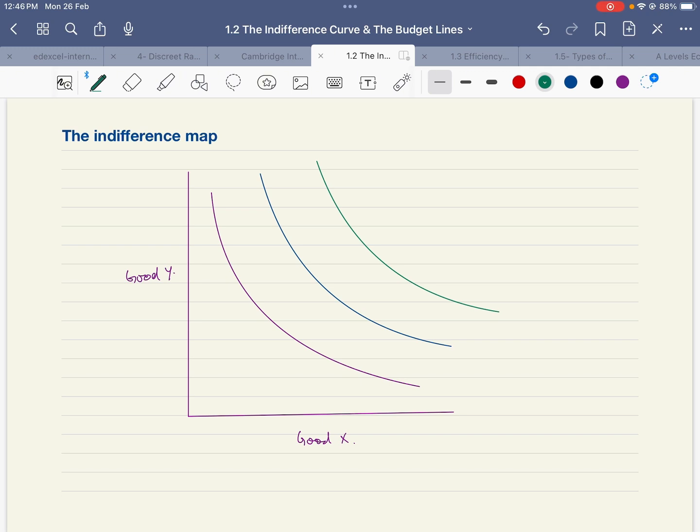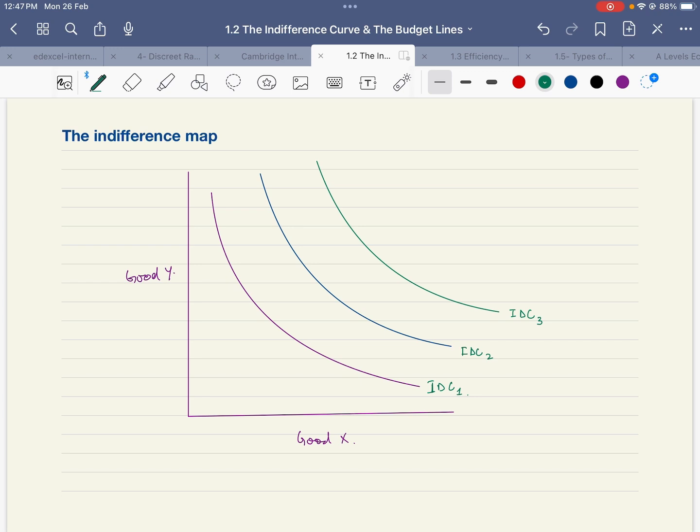Let's call it indifference curve 1, indifference curve 2, and indifference curve 3. It shows that the consumer has more than one combination of goods for all three levels of satisfaction.